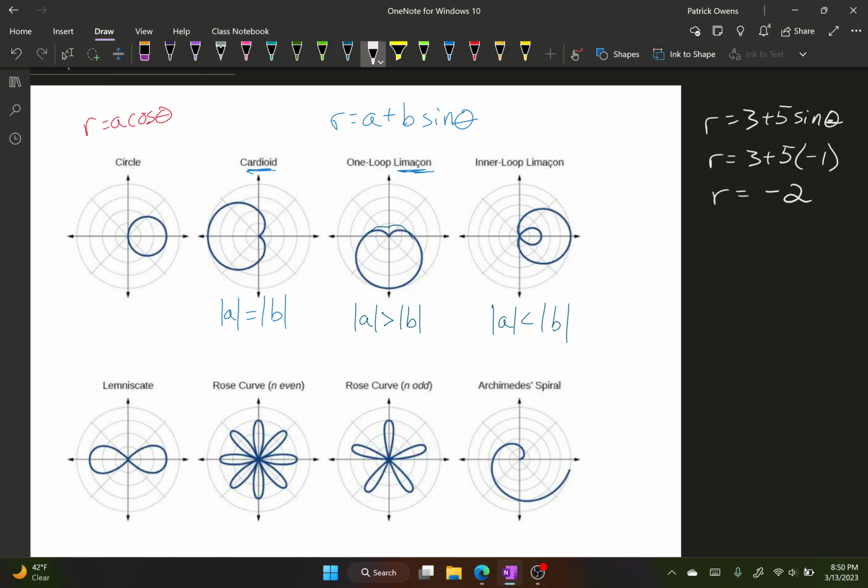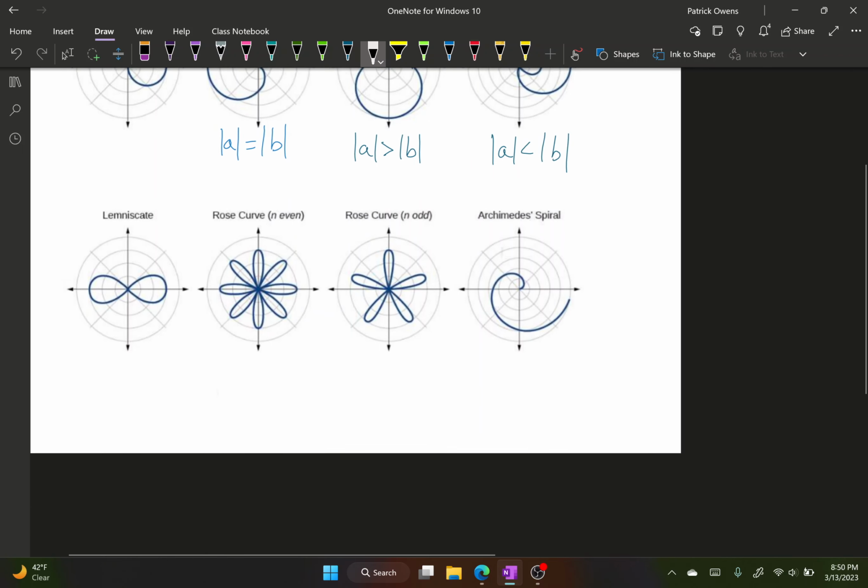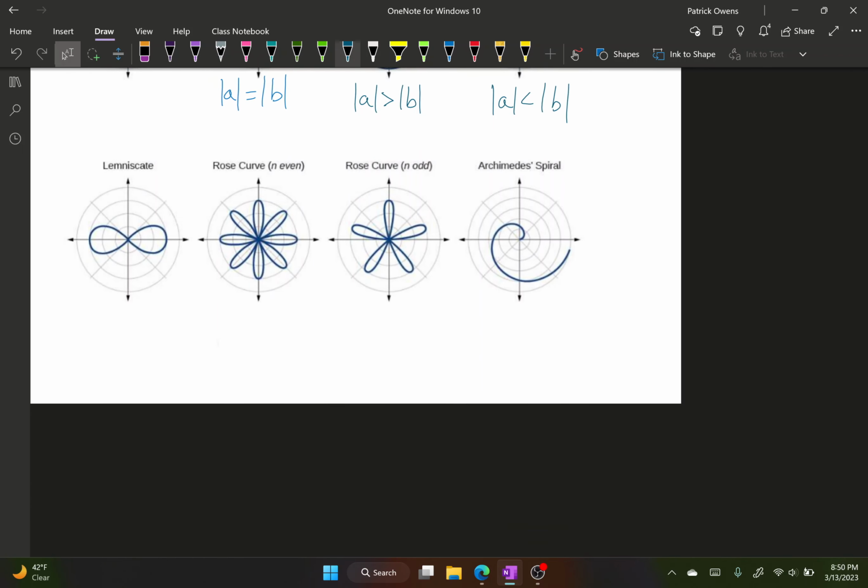Next, let's move on to rose curves, which are going to have the equation of r equals a times sine or cosine of n theta. And for these, we're going to have a petal length of A. So just how long the petals are, P-E-T-A-L-S, not the P-E-D-A-L, because those are in cars.